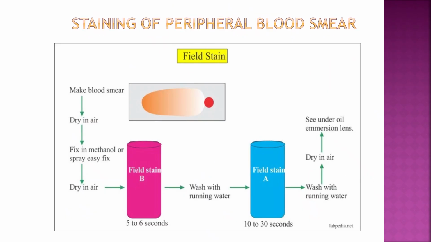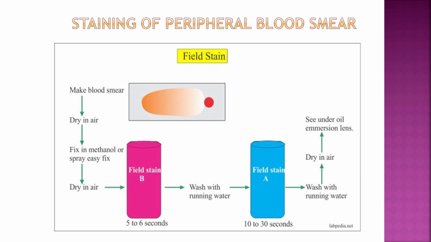After preparation of the thick and thin smears, we can stain the slides either by Field stain or Leishman stain. First we will see Field stain. Make the smear, dry it in the air, then fix the smear with methanol, and then dry it in air. Then put the slide into Field stain jar B, and for 5 to 6 seconds wash it with running water.